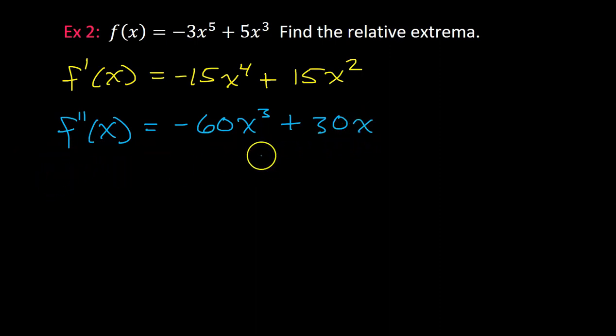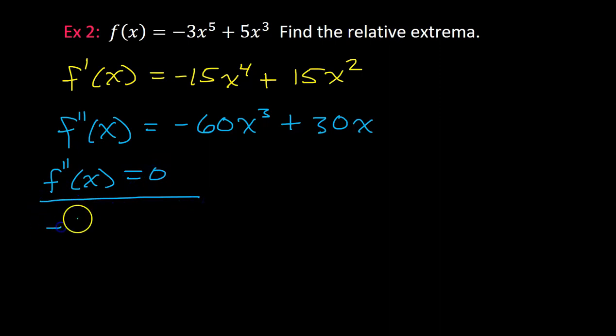Obviously there are no places where the second derivative will be undefined. There are no denominators or square roots or anything like that. So all we have to worry about in terms of critical numbers is where the second derivative is equal to 0.